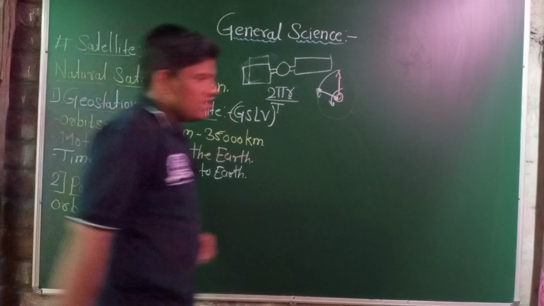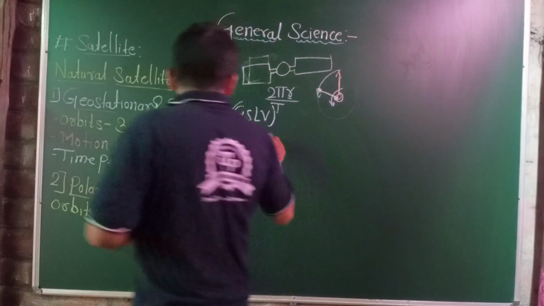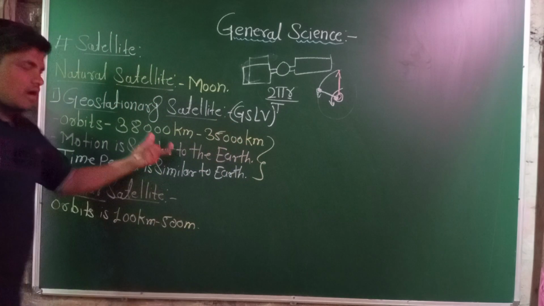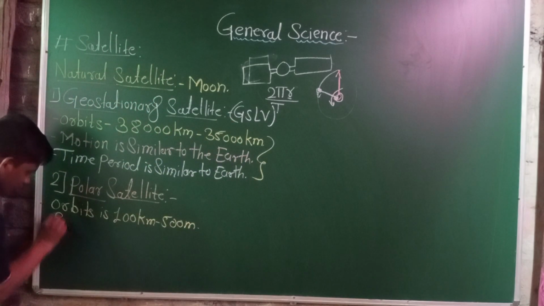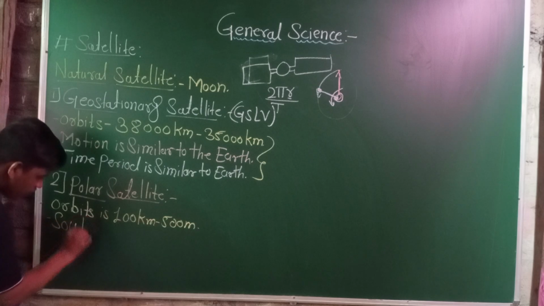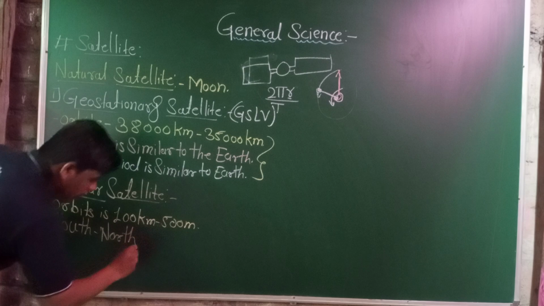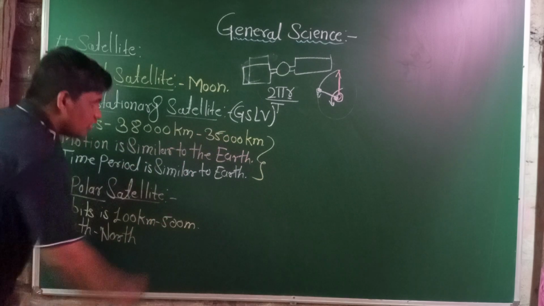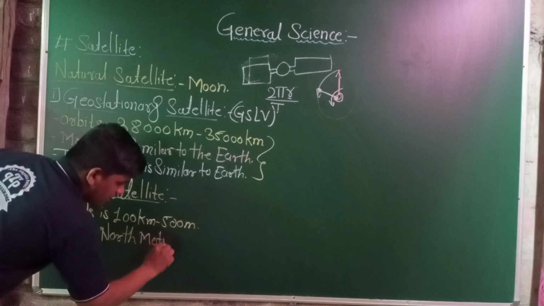The motion is opposite, another type of motion compared to the Earth, and this is south-north motion. One is equatorial motion, and this is south-north motion.